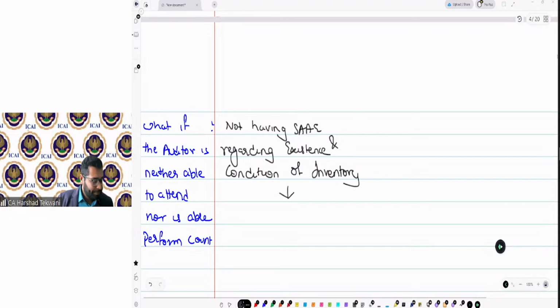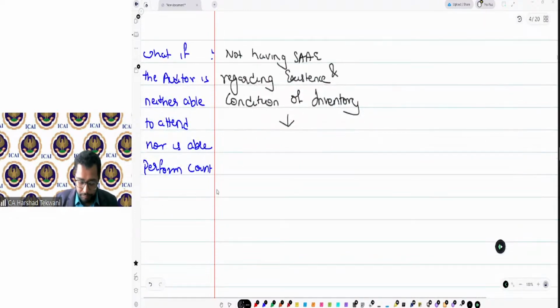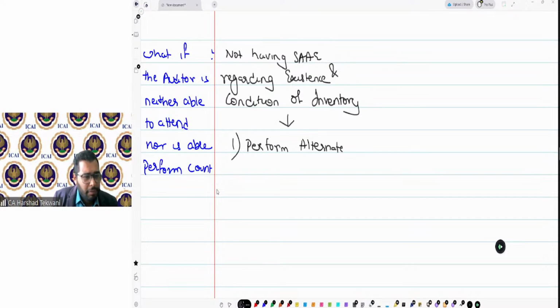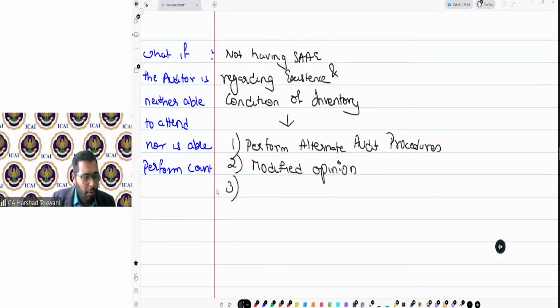Okay, I'll give you some options. Number one, perform alternate audit procedures. Second, modified opinion. Third, other matter paragraph stating that the count is performed by management and we have relied on that.